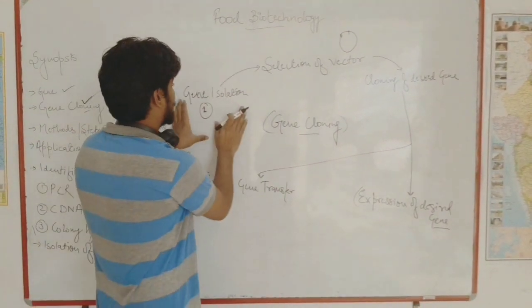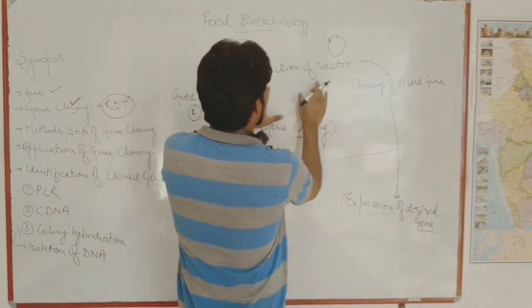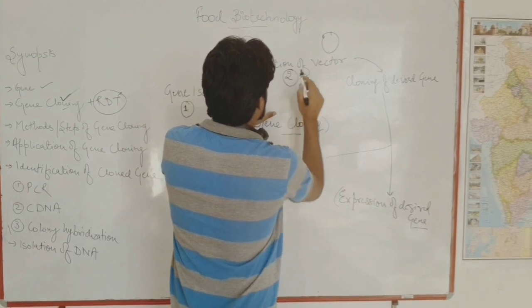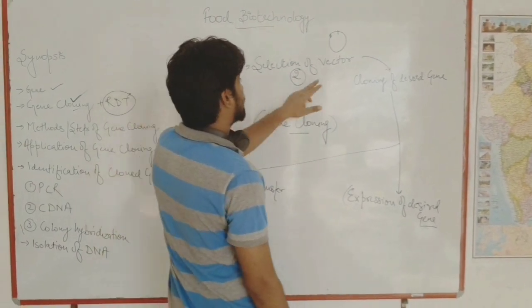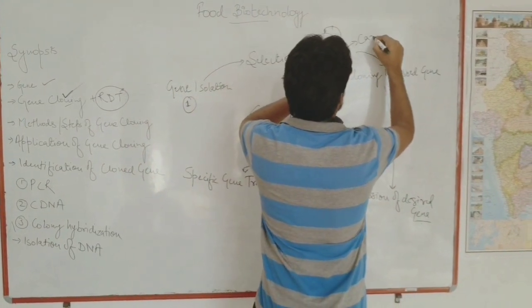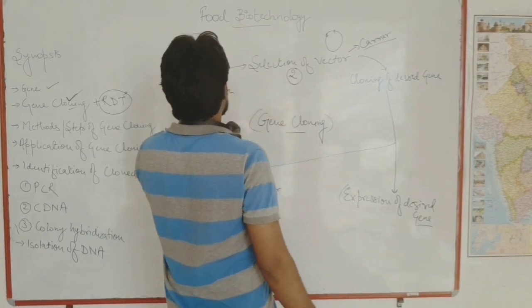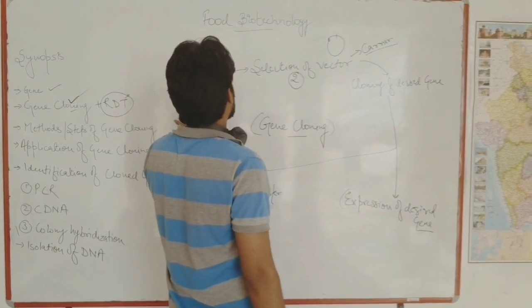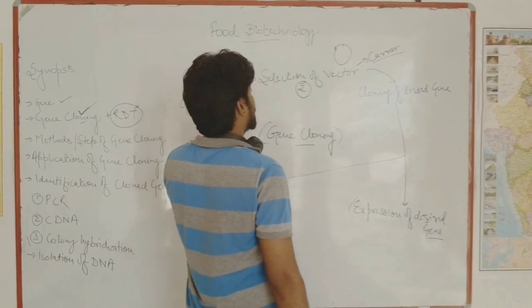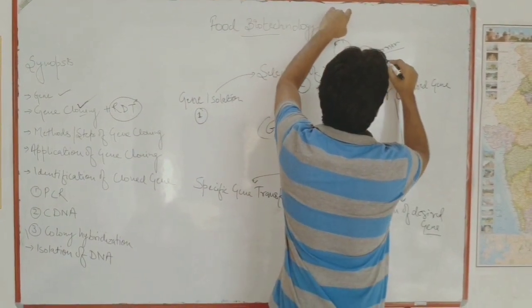So what happens? We have already discussed gene isolation in detail. So we will be taking up the second part. This is our second option. In the second, we will be taking up what vectors are. Vectors are the carrier which will be taking the sequence or the gene from another cell to the specific plasmid, and these vectors will have some properties.